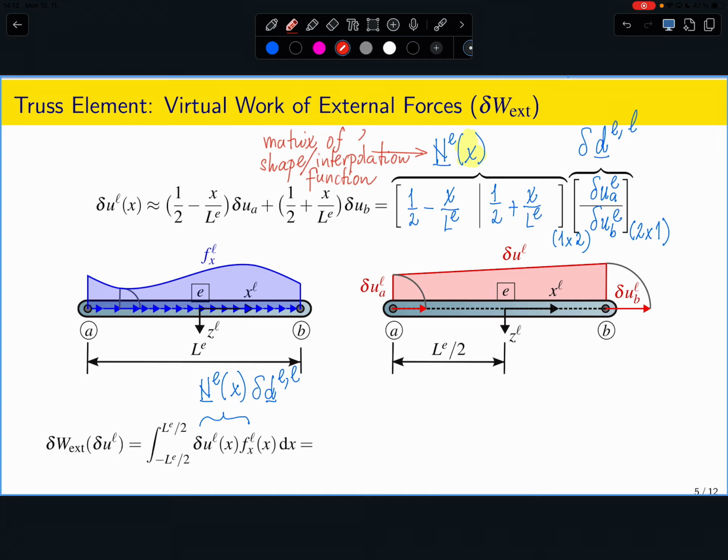And because this is at the element level, again, you can start to chain these adjectives. So this is the matrix of element, shape, or interpolation functions, because there are many of them. And this is the column of virtual nodal displacements.